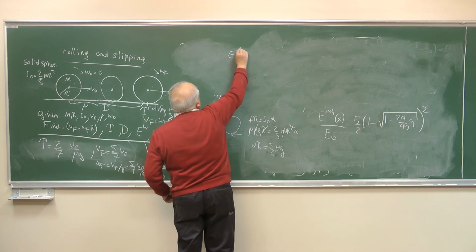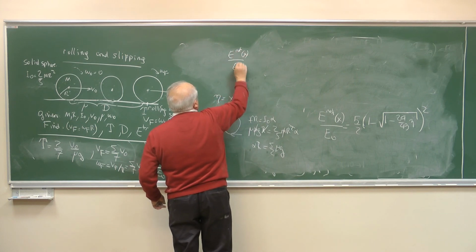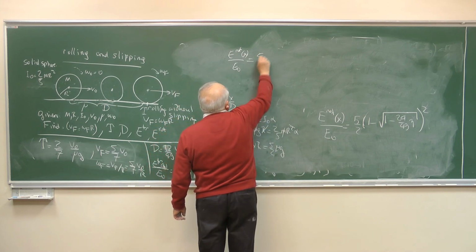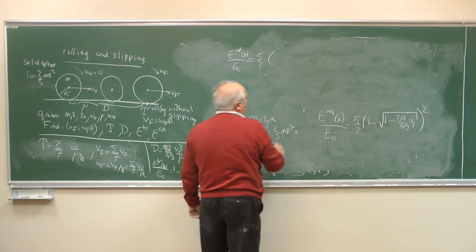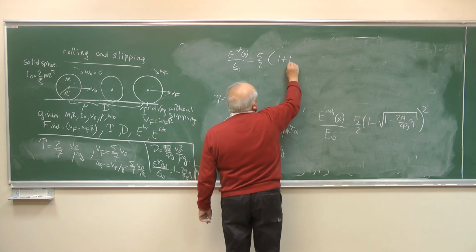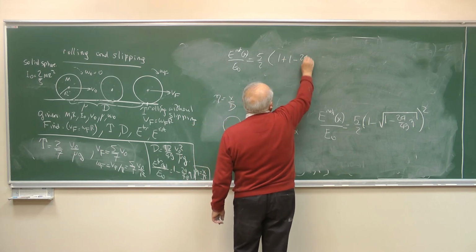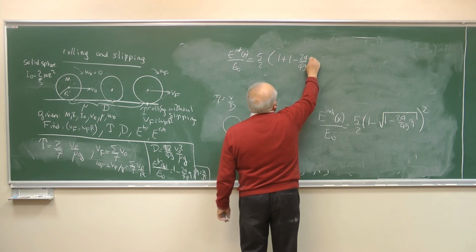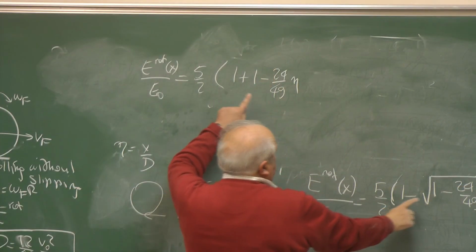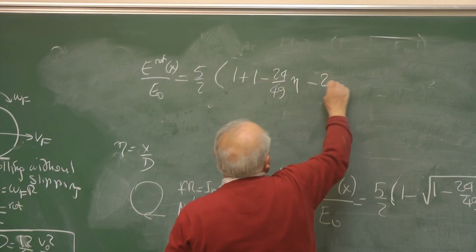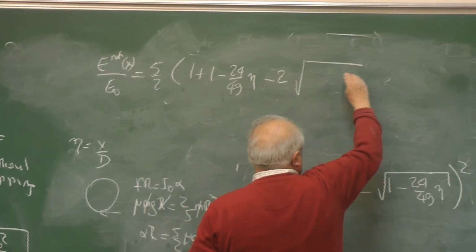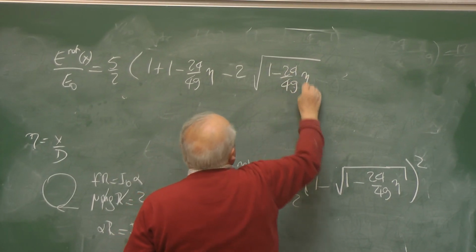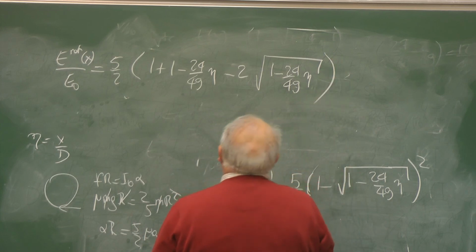E rotation at x divided by E0 is equal to 5 over 2 times 1 plus 1 minus 24 over 49 eta, the square of this plus the square of that, minus 2 square root of 1 minus 24 over 49 eta.